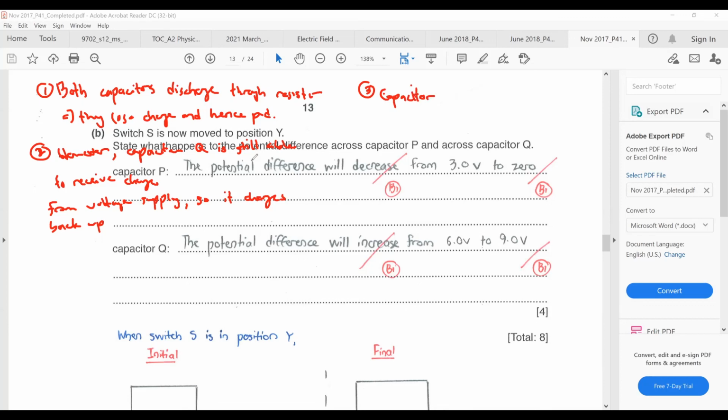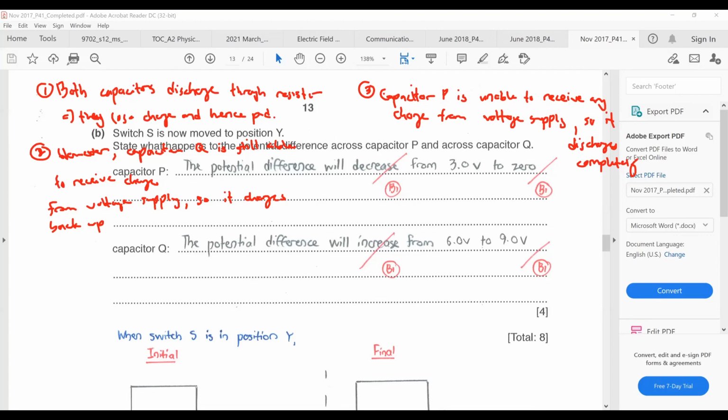Capacitor P is unable to receive any charge from the voltage supply, so it discharges completely. Maybe this will make it easier to say: both capacitors will discharge to the resistor. They lose charge and hence PD.